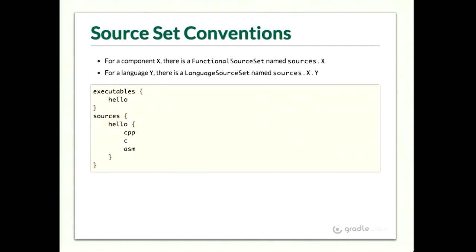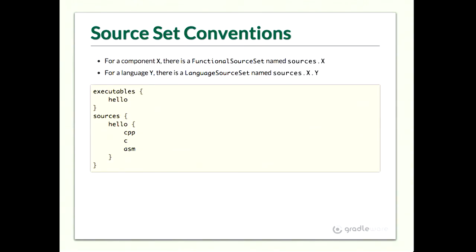By the conventions that we use in Gradle, for a component we have a functional source set. That functional source set name is the same as the component name. And then within that functional source set, we have a language source set per supported language. So if you've applied the C and the C++ plugins, you then have a C and C++ language source set within the functional source set.